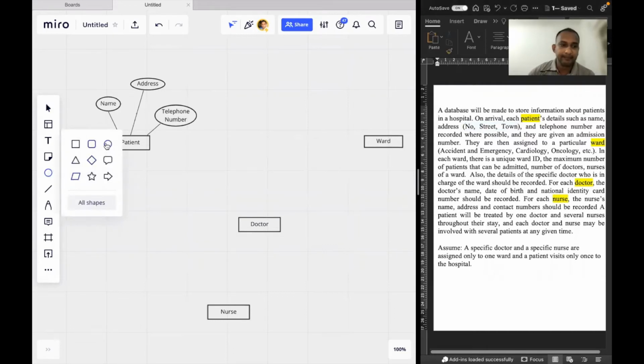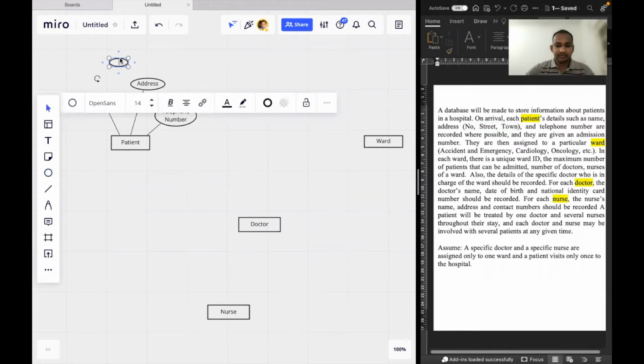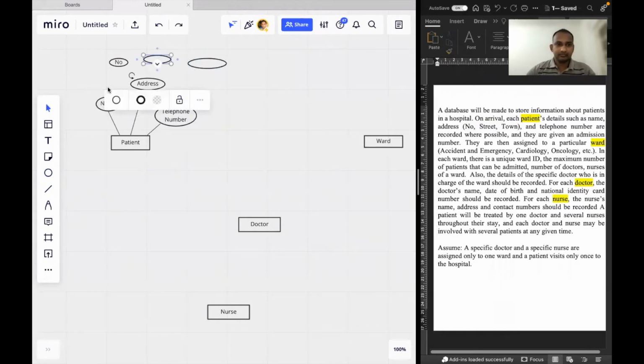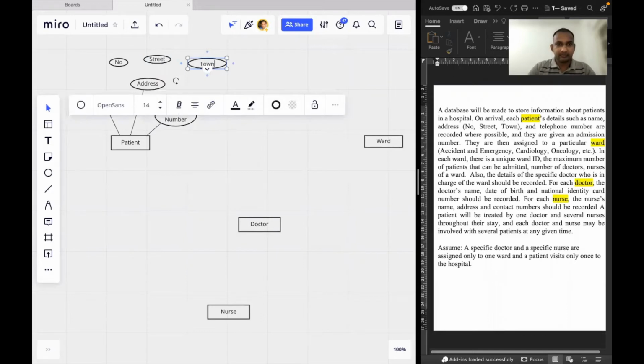Likewise here, number, and there's another one, street, and there's another one, town.